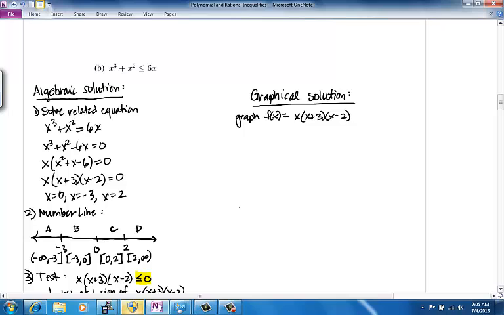We want to look at the function we have once we had 0 on one side of the inequality. So we're thinking about x cubed plus x squared minus 6x less than or equal to 0. We're thinking about that equivalent inequality. So graph that function, find the x-intercepts, determine where the graph is, in this case, below or touching the x-axis.